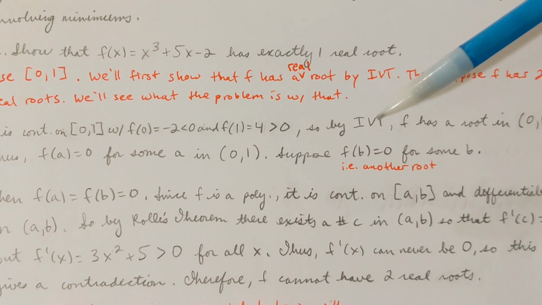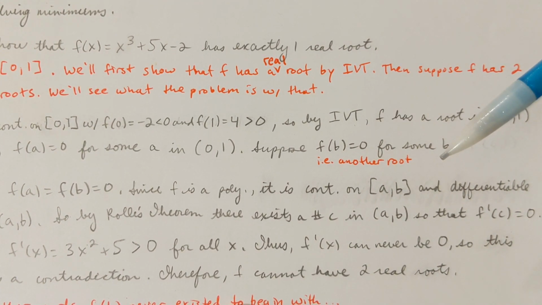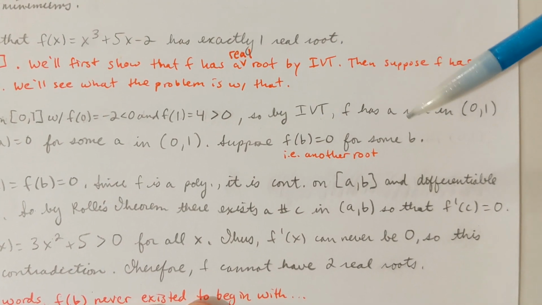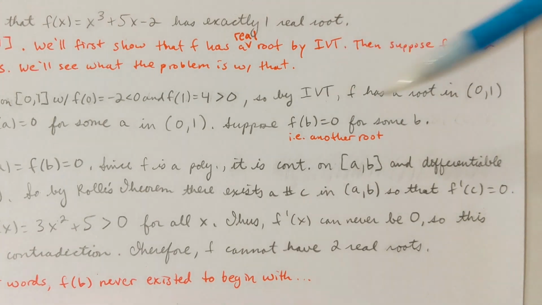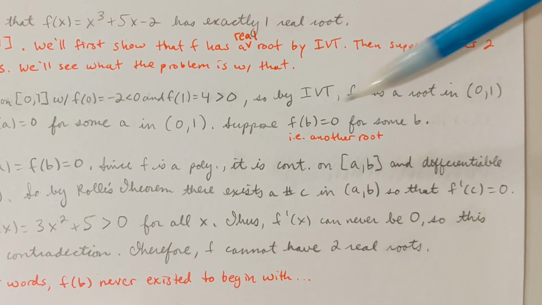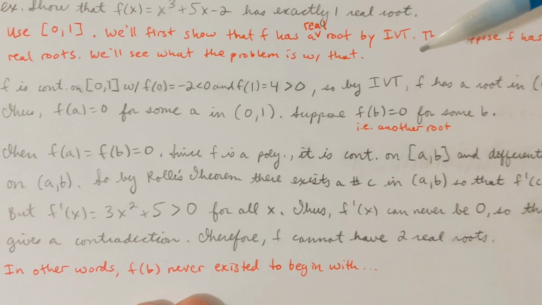Now, what if we have another real root, which we'll call b? What if there's another number b, and it can be anywhere on the number line, but another number b exists where f of b is equal to 0? We'll see what the problem is with that.